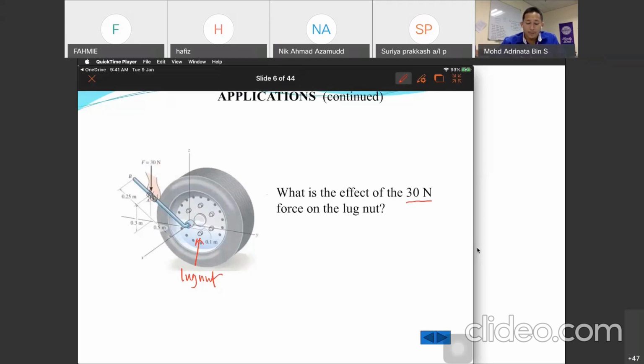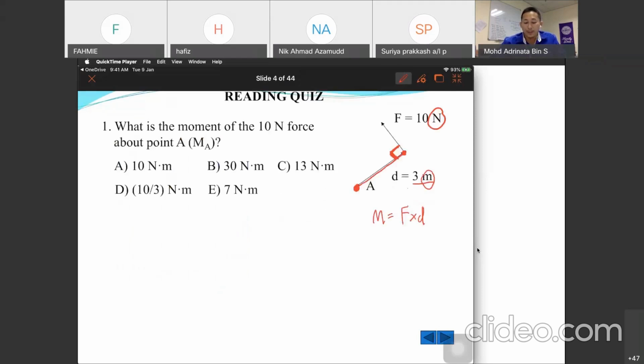Okay, so from the first one, this is the quiz. I always remind my students to remember this one. This is very important. It must be perpendicular. So this is your point, this is your force, this is your force, this is your force. Okay?